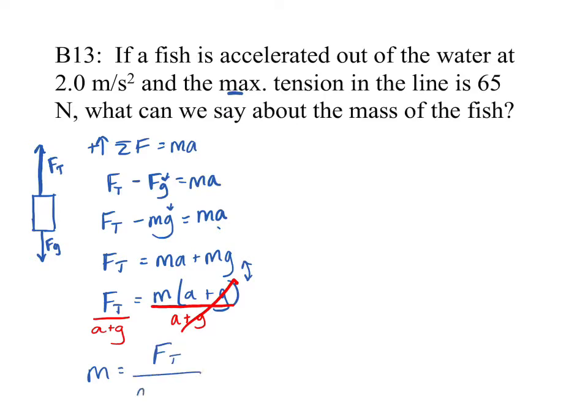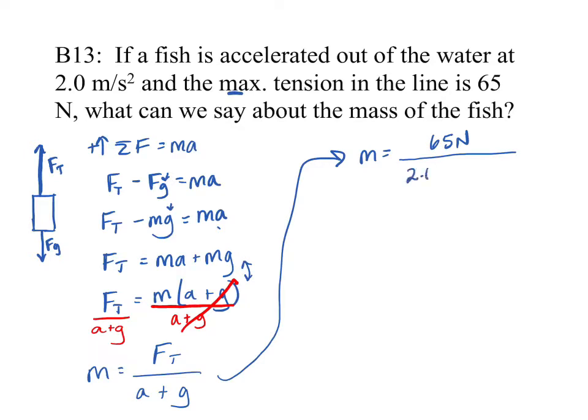Well, it's the force of tension divided by the acceleration plus the gravitational acceleration. I'm going to go up here because I'm running out of room. Okay, so that force of tension was given to us at 65 newtons. Okay, and then a was 2.0 meters per second squared plus g is 9.81.